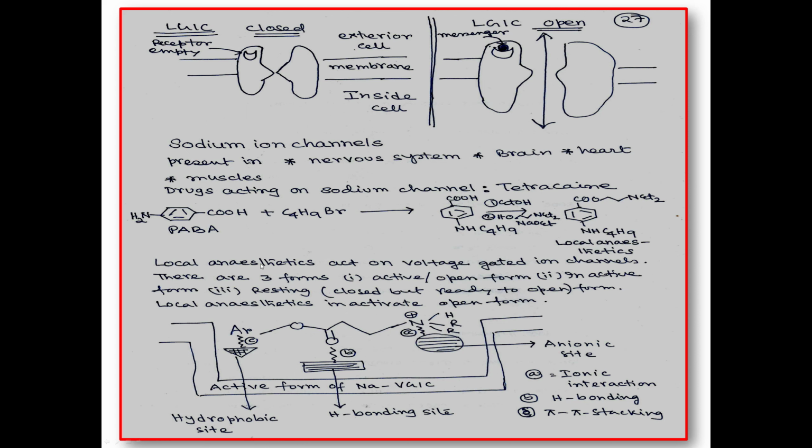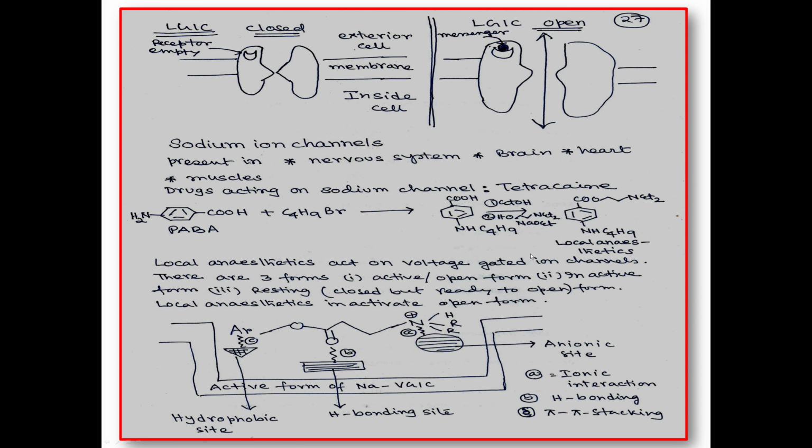Now, these local anesthetics act on voltage gated ion channels, which means the sodium ion channel is a voltage gated ion channel targeted by tetracaine. There are three forms in this case.